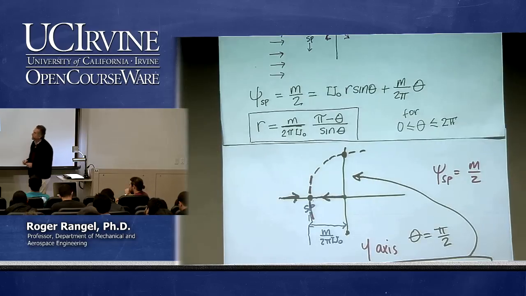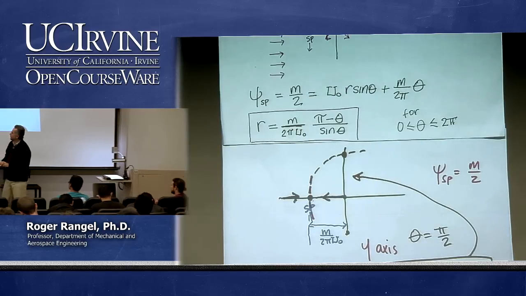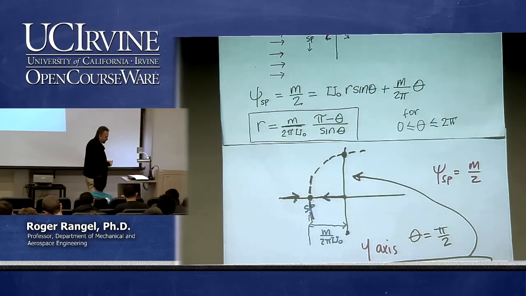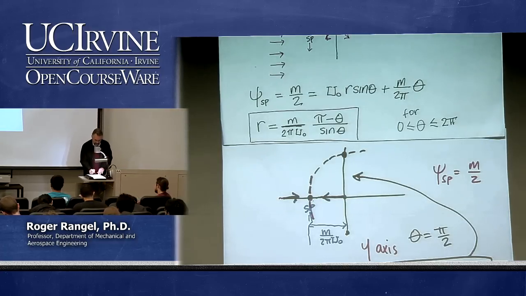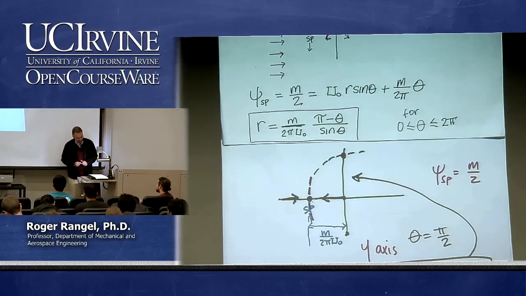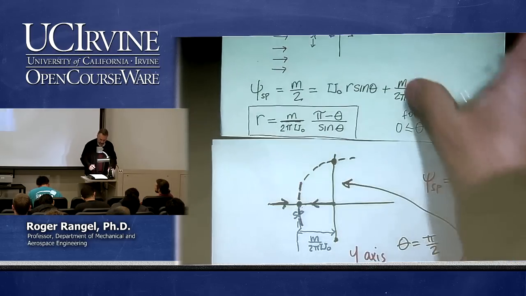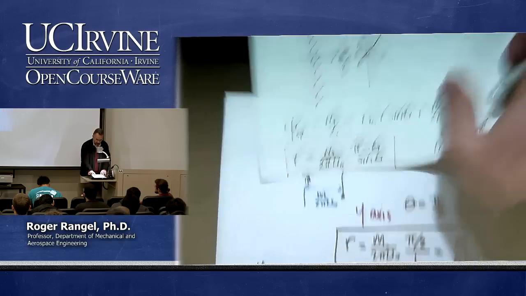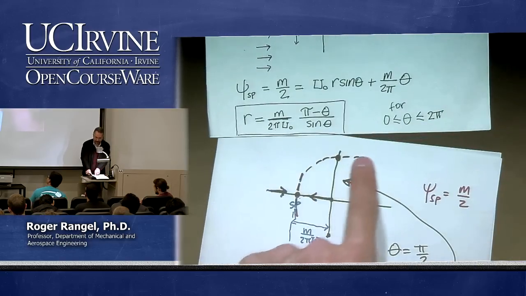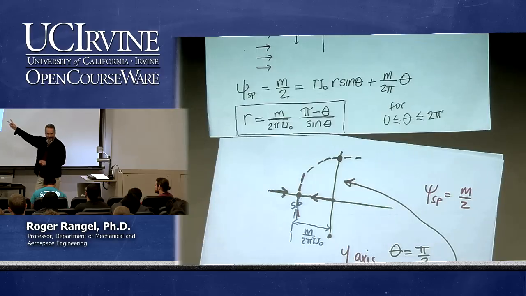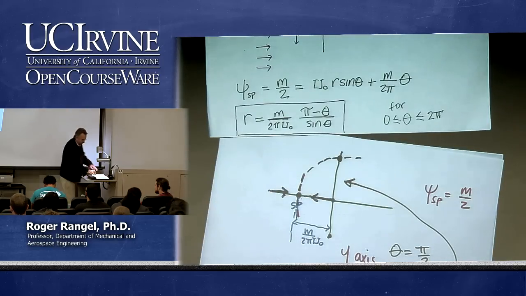The reason why we do this is because if we write it in terms of y, it's convenient because we can get rid of this sine theta that appears on both sides. Cross that out, cross that out. So let me write this expression in clean form: y equals m over 2 pi u naught, and then just pi minus theta. Why am I writing that expression like this? Because I want to find out what happens to this line as I go very far. Where is very far in terms of theta?